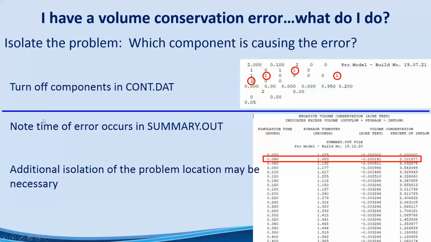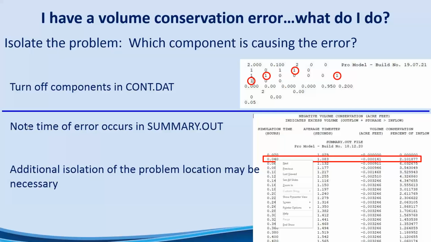Now, what I would do is note the time at which the output in summary.out shows that you're encountering a problem. Instead of running the model again for 336 hours to determine whether or not a specific component is causing the issue, just look at this and see that your error is starting on or before 0.04 hours of simulation time out of 24 or out of 48 or out of 336.